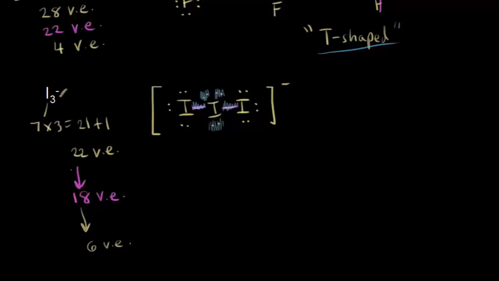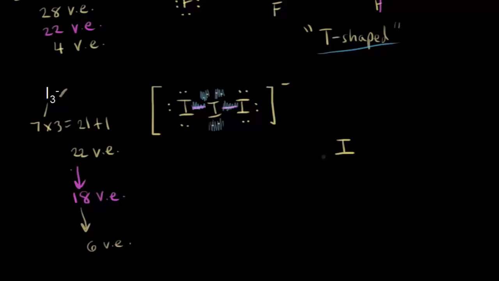For 5 electron clouds, that's going to be a trigonal bipyramidal arrangement of our electron clouds around our central atom. So we put in our central atom here. We think about our electron clouds being in a trigonal bipyramidal arrangement, and we have seen that we put lone pairs of electrons into the equatorial positions to minimize electron pair repulsion.